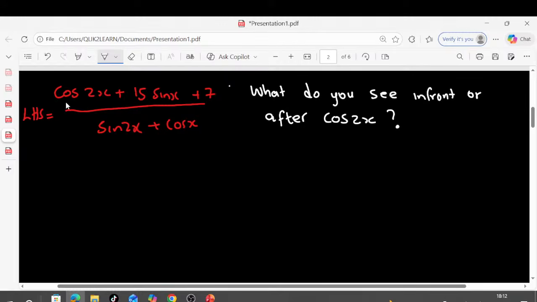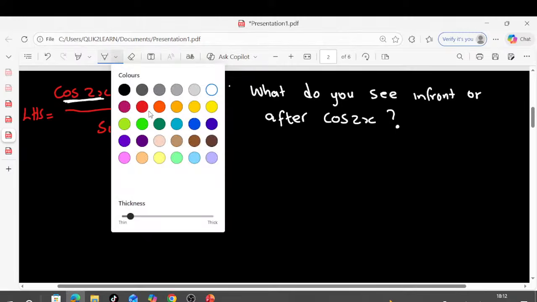Right. So now look at this top part. You see this cos 2x. Guys, I'm going to write the identity of cos 2x.